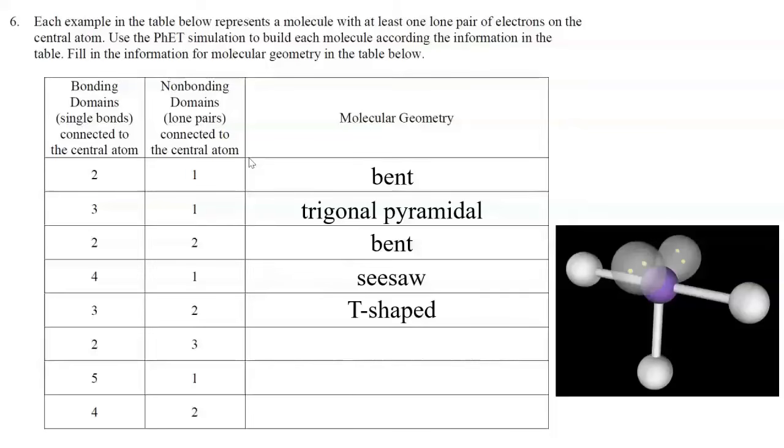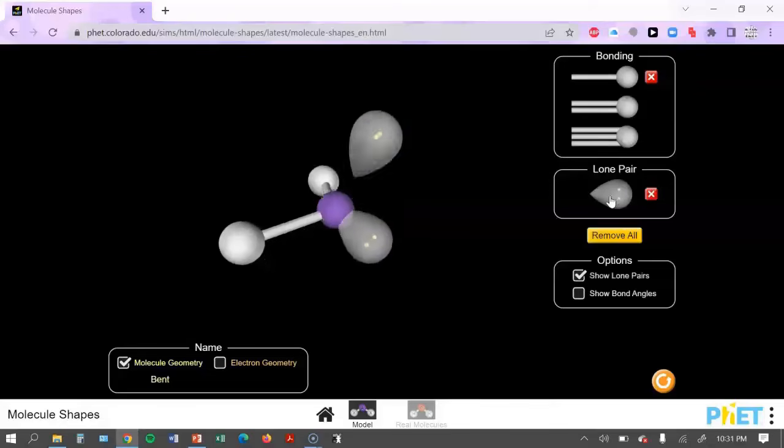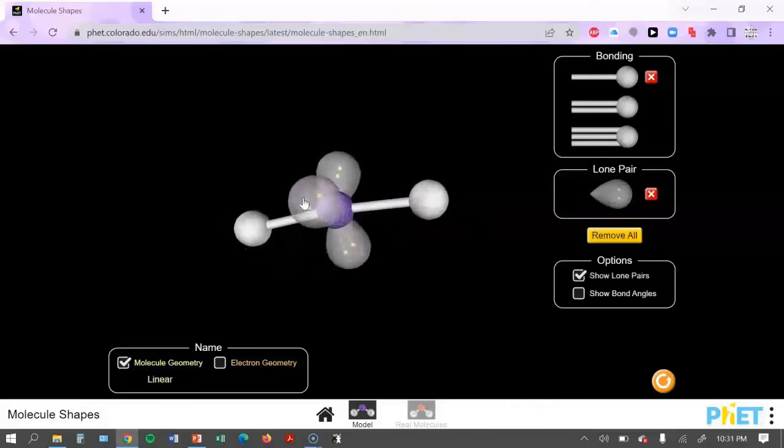Now the next example is 2 bonding domains and 3 non-bonding domains. So when we add 2 bonds and 3 lone pairs, the shape of the molecule turns out to be linear.